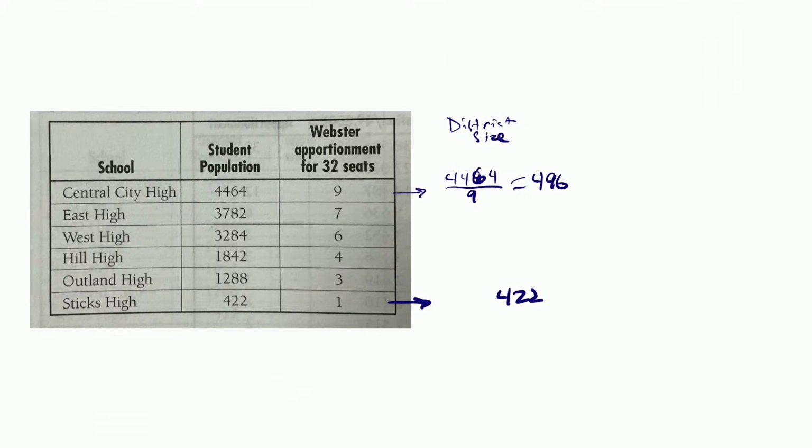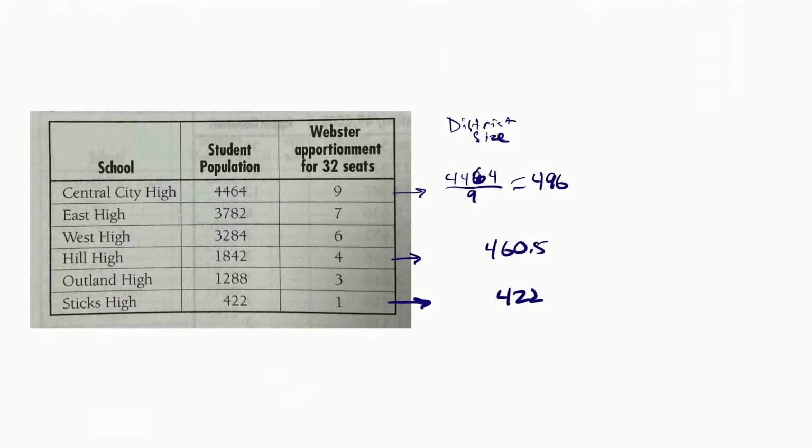And let's just do one more just to see how this works. This one is 1842 for Hill High divided by 4 is 460.5. So what Webster does is Webster ends up minimizing the absolute difference.